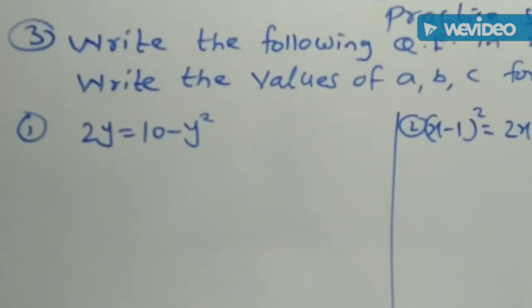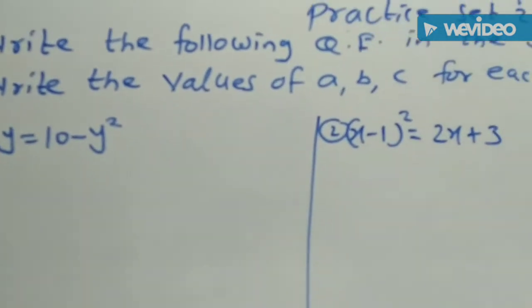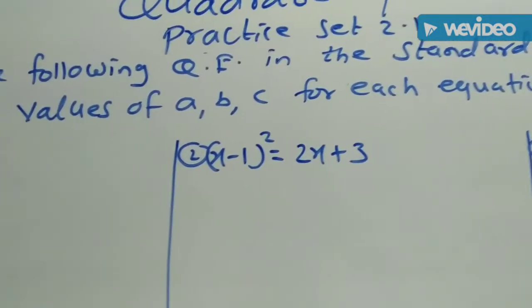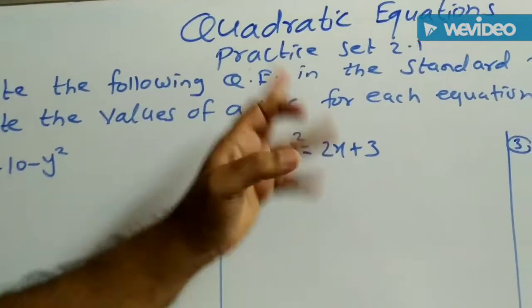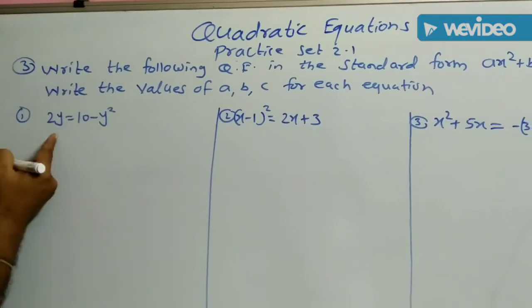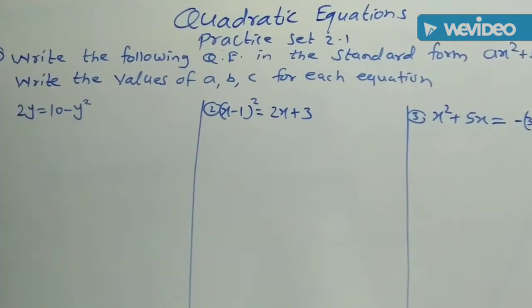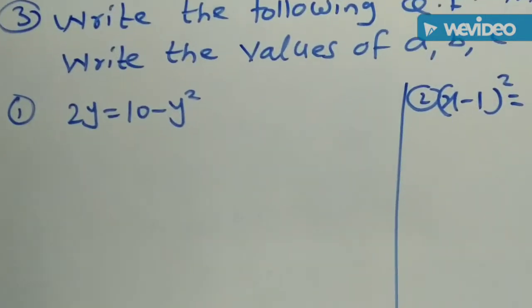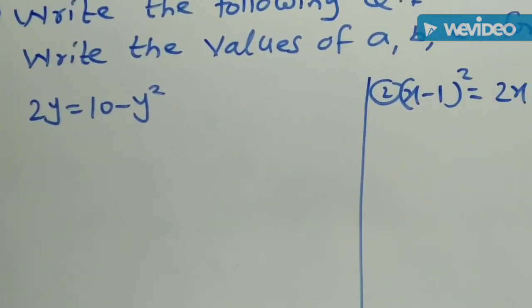Next example is, write the following quadratic equation in standard form, ax square plus bx plus c is equal to 0, and then write the values of a, b, c for each equation. The first example is 2y is equal to 10 minus y square. We have to write this equation in standard form of ax square plus bx plus c is equal to 0.